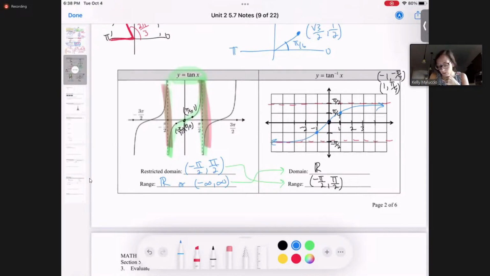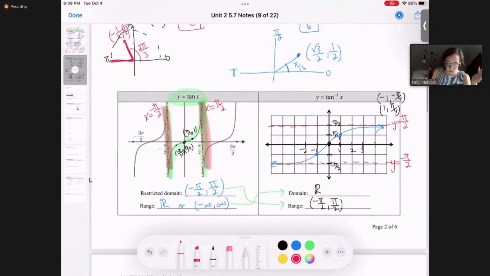And there's our graphs here. These lines are y equals negative pi over 2 and y equals pi over 2. But over here, these dotted lines were x equals pi over 2 and x equals -pi over 2. So they're just trying to emphasize that they're switching each other.